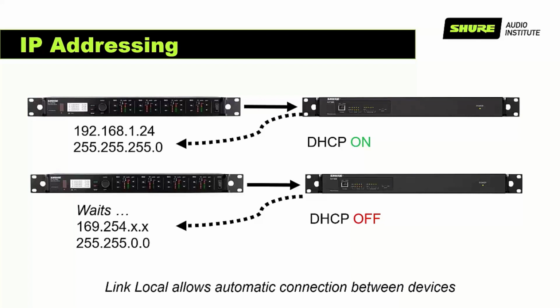The DHCP server will receive this request and it will maintain a table of everybody else that's on the network, what addresses have already been assigned, and it will assign a unique address to this new device that's just joined.